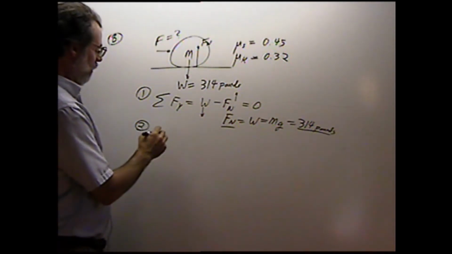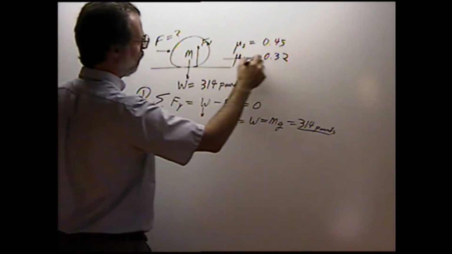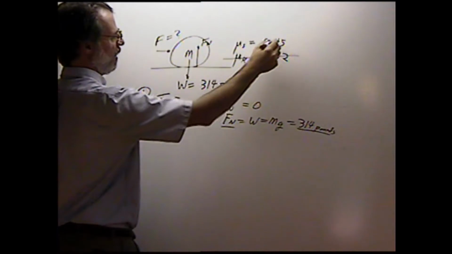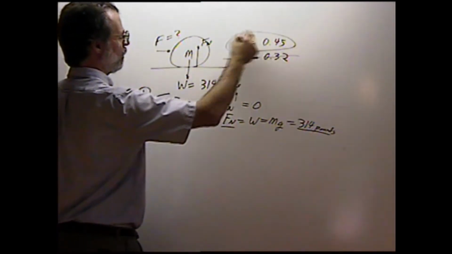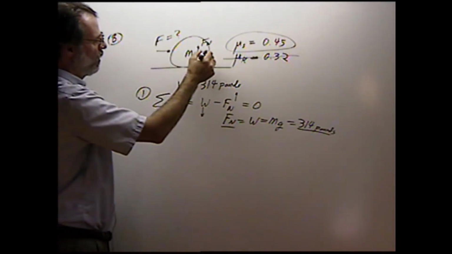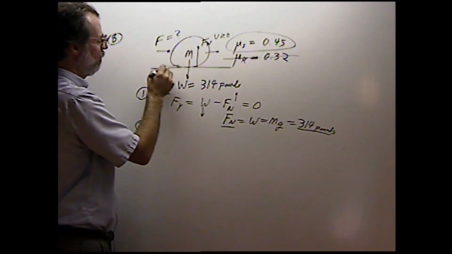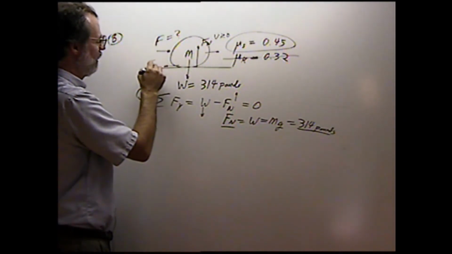Okay? In this case, the rock is not moving, so we're not going to use a kinetic, we're going to have to use the static coefficient of friction. He's going to push it this way. We want to just barely get this velocity just a little bit greater than 0, so the friction force will act back.